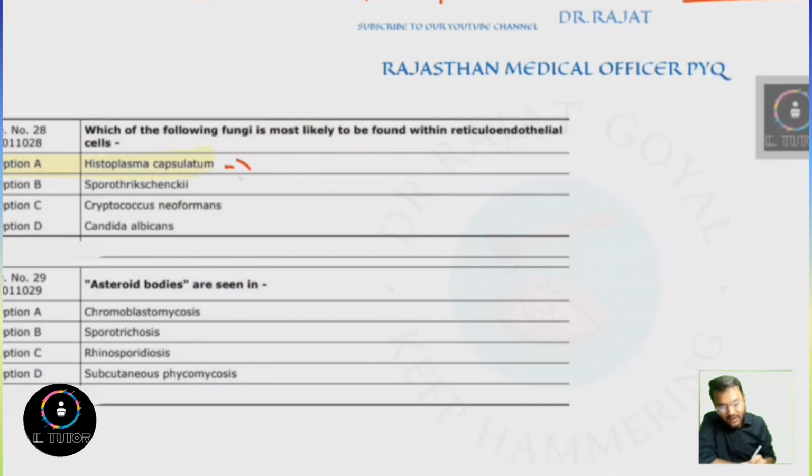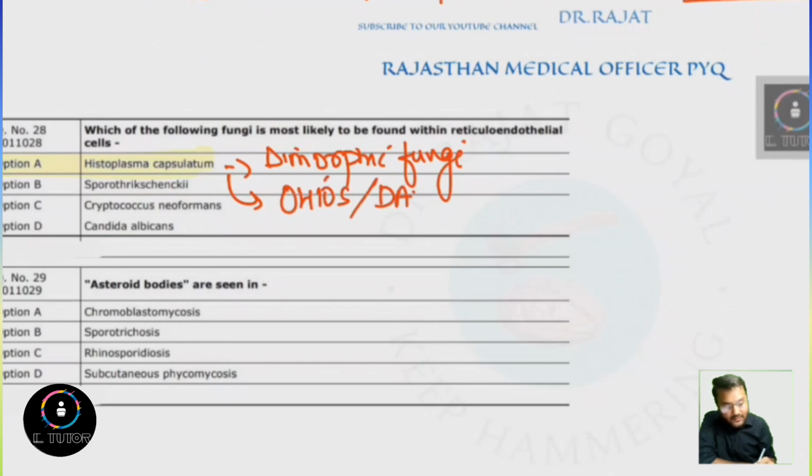So Histoplasma capsulatum is dimorphic fungi, and it causes the disease known as Ohio's disease or Darling's disease. And it attacks mainly the reticuloendothelial cells.